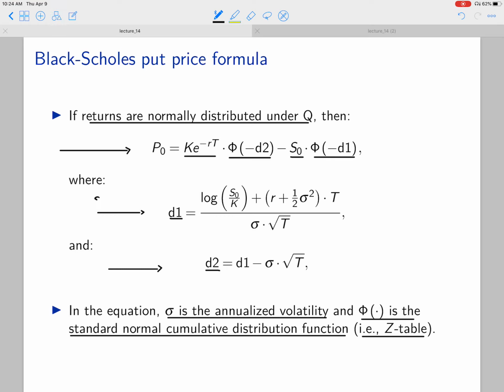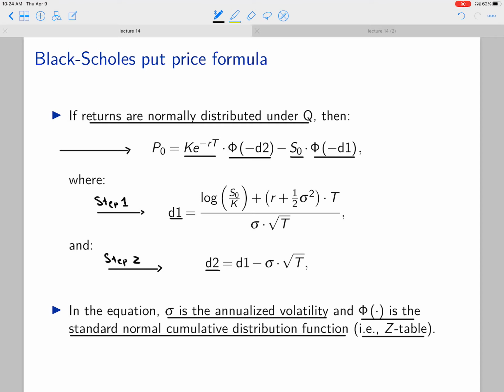The formulas for D1 and D2 are exactly the same as in the call option. They take in our 5 inputs to the model: the stock price, the strike, the risk-free rate, the volatility, and the maturity, and they output 2 constants, D1 and D2. It's just simple plug and chug.